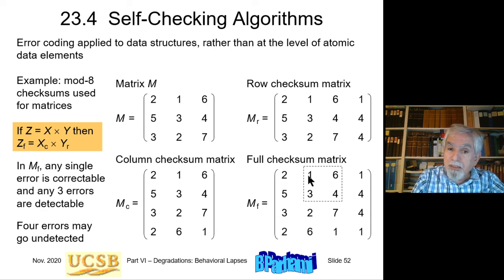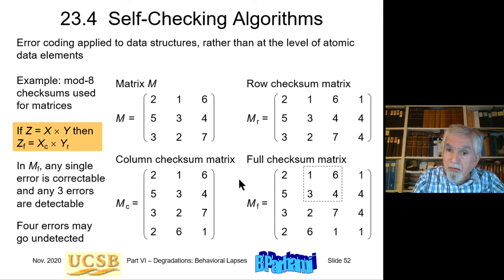So if this 1 changes in value, then this checksum will be violated, and this checksum will be violated, and you can correct that. If you have 2 errors, like 1 and 6 in error, then it's possible that the row checksum is not violated, but you can still detect it because the 2 column checksums will be violated.